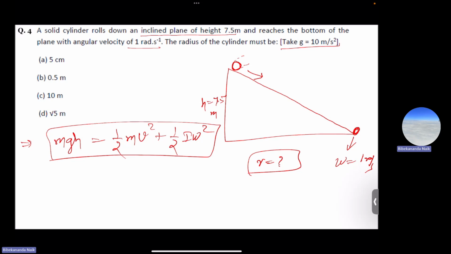Omega is given, it is 1 radian per second. We need to find the value of r. So how will we find it? We know the initial gravitational potential energy of the cylinder gets converted into the rotational and translational kinetic energy when the cylinder reaches the bottom of the plane.